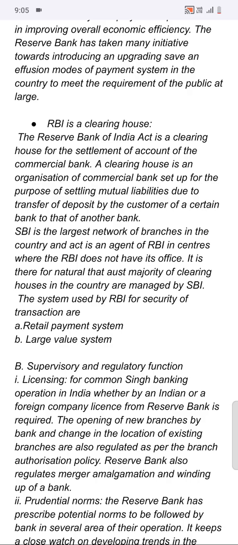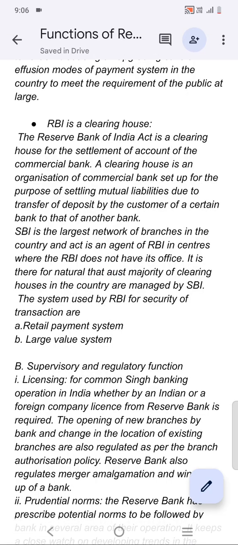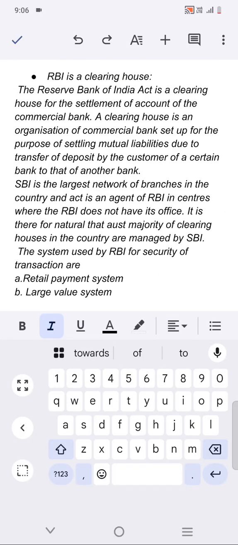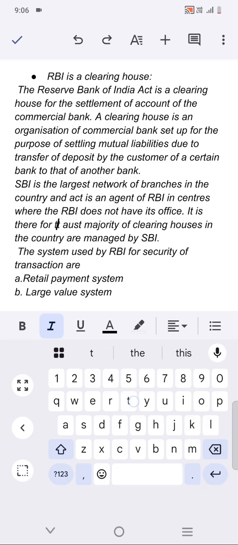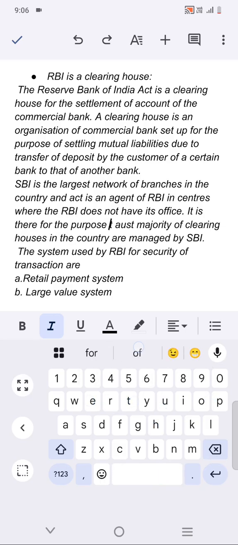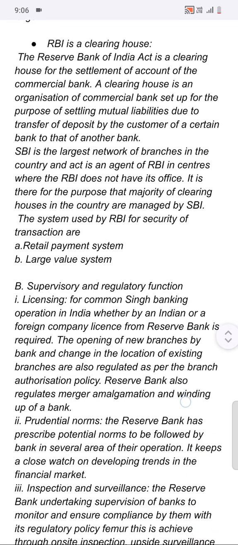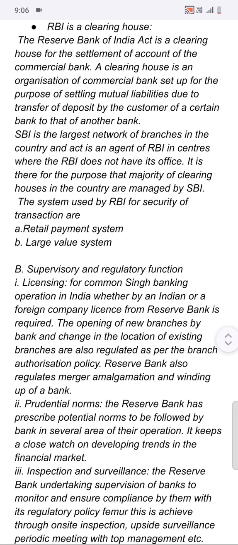It is therefore natural that the majority of the clearing houses in the country are managed by the SBI. The systems used by RBI for security transactions are of two types: retail payment system and large value system.